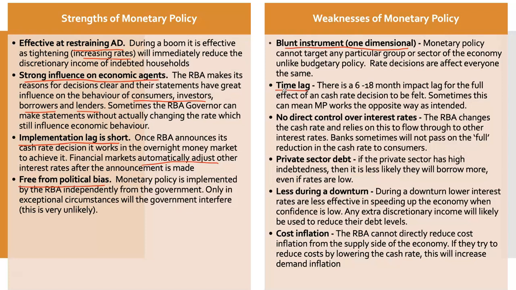Now, another weakness is that even though the RBA controls the cash rate, they have no direct control over interest rates. And while it does flow through to other interest rates, banks sometimes will not pass on the full reduction in the cash rate, or they might pass on more of an increase than what has been risen.